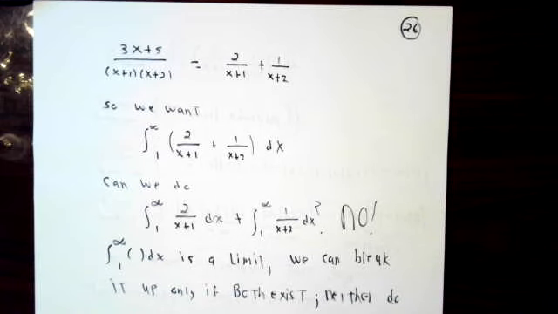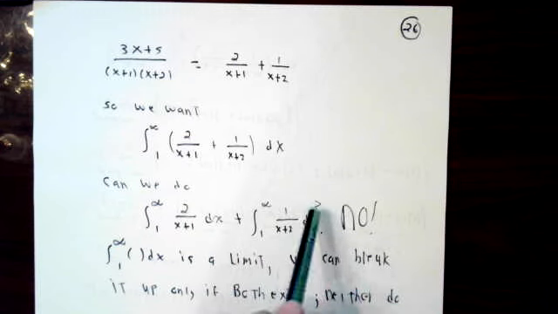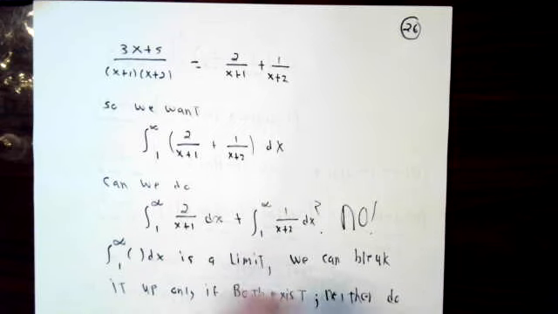And if you sit down and carry out the calculation, you'll find out that this integral blows up on you, and so does that one. Neither one of these two things exist individually. So it is not okay to split it up into the two limits, although if you mistakenly do so, you accidentally end up with the right answer.